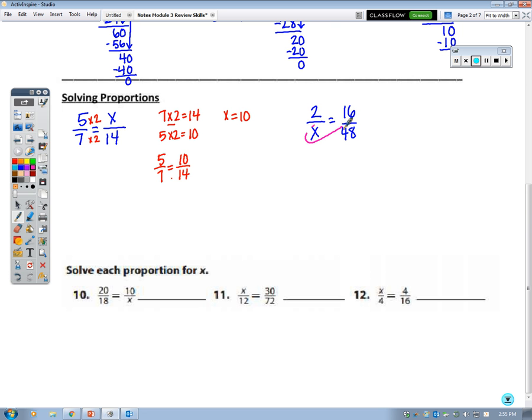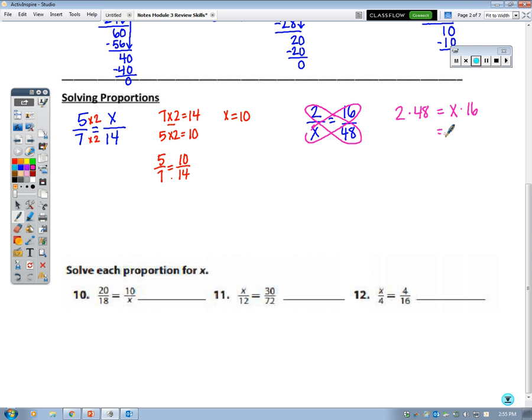So we are going to cross multiply, and we're going to take 2 times 48, and set that equal to the other two, which is x times 16.